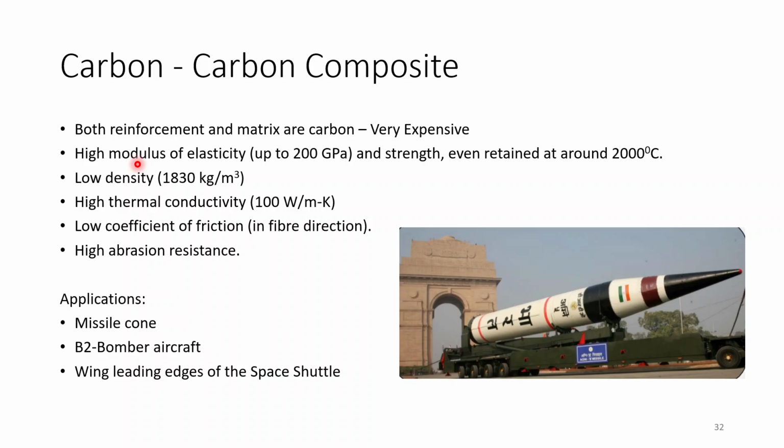It has low density, 1830 kg per meter cube, and very high thermal conductivity, 1000 watt per meter Kelvin. It has a low coefficient of friction in the fiber direction, and also high abrasion resistance. The applications consist of missile cones, B-2 bomber aircraft, and the wing leading edge of the space shuttle.